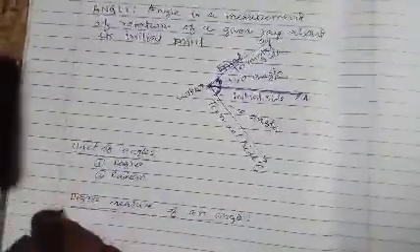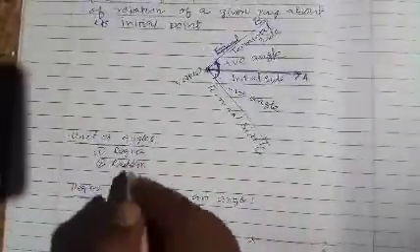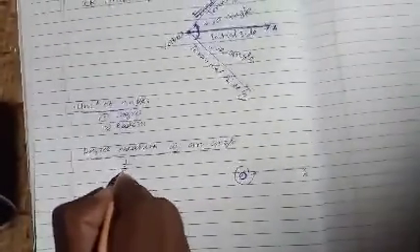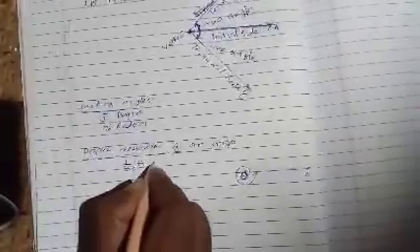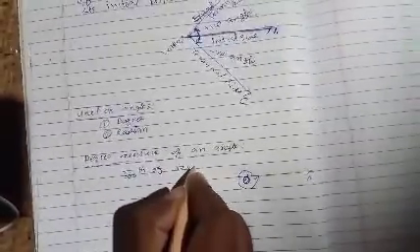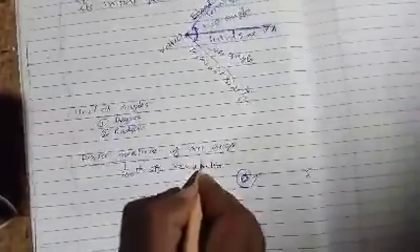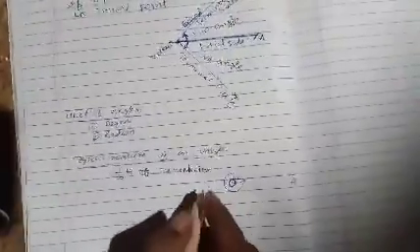What are the units of angle? There are two units of angle. Number one is degree and number two is radian. What is called degree measure of an angle? If the rotation of a ray is 1/360th of a complete revolution, then the angle between the initial position and final position is called 1 degree.